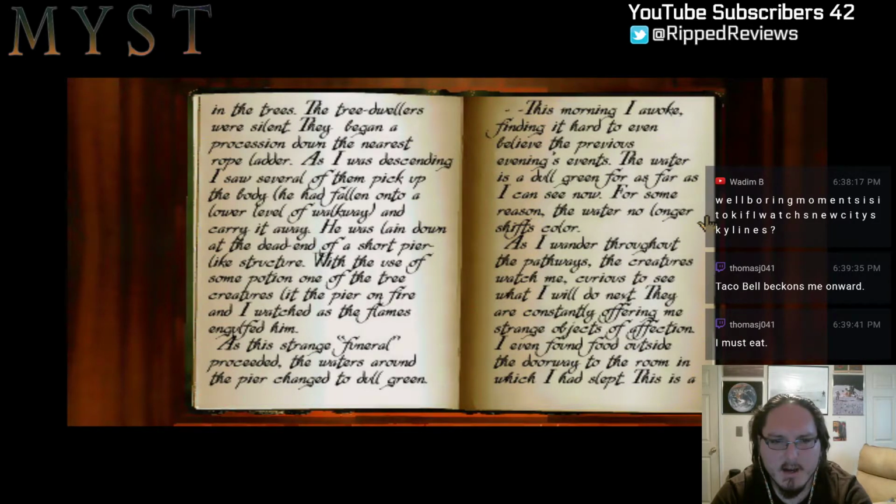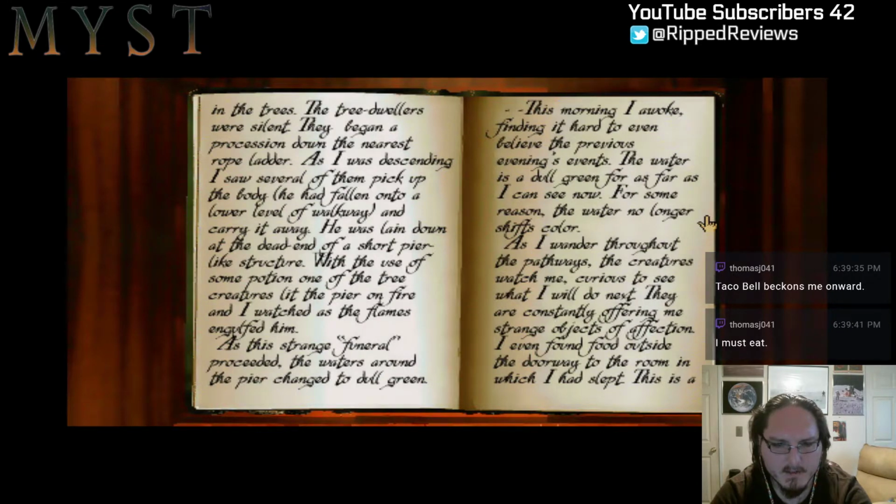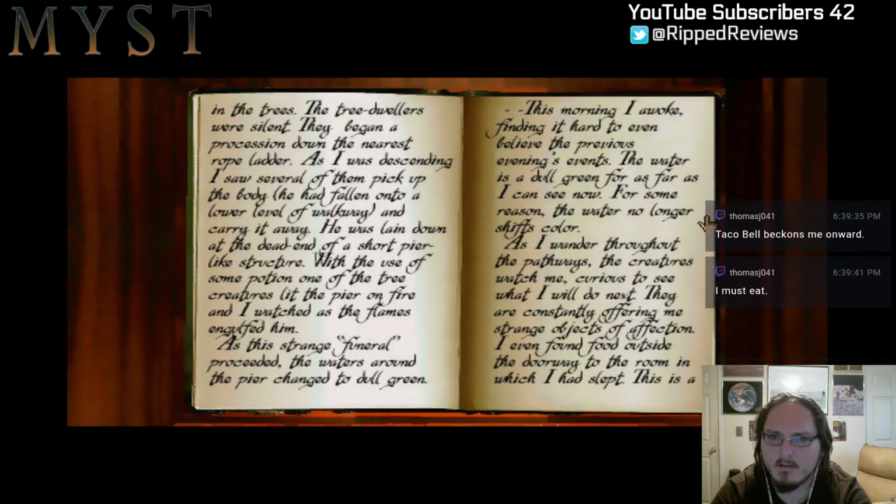He was laid down off the dead end of a short pier-like structure. With the use of some potion, one of the tree creatures lit the pier on fire, and I watched as the flames engulfed him. As this strange funeral proceeded, the waters around the pier changed to dull green.